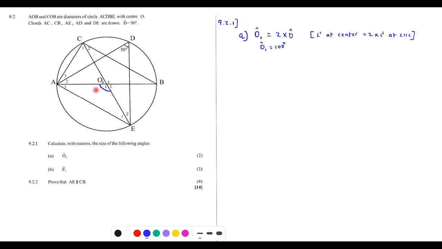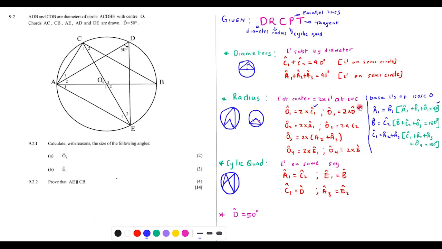Now in the next question, they're saying let's calculate E1, right? Now what we're going to do is go back into our information, remove this, remove that. We're going to mark where there is E1. Now here there is E1 here, there is E1 here. See, we're writing all the E1s.